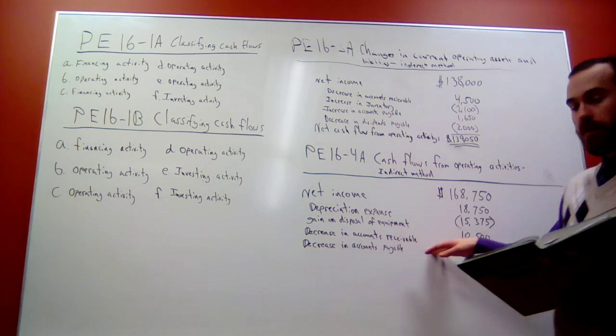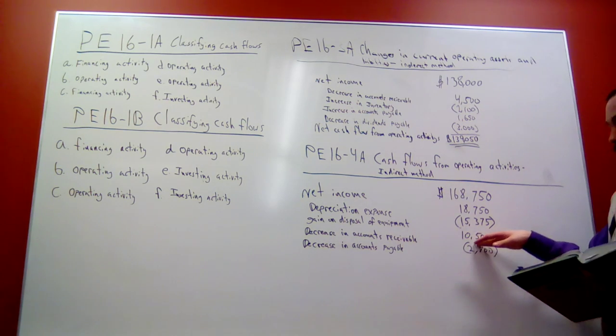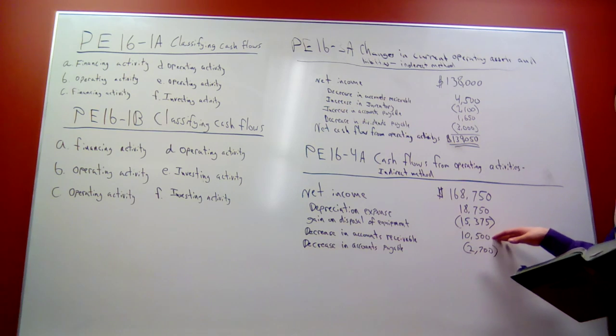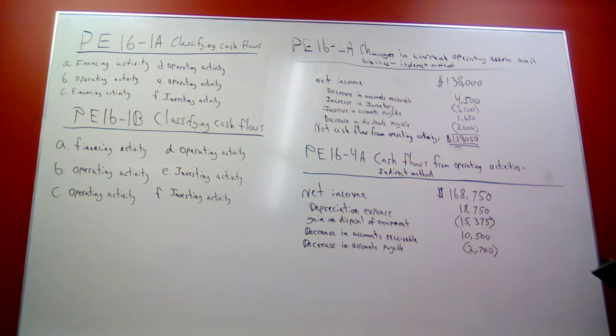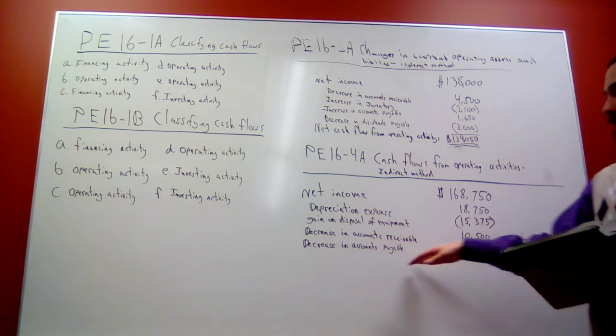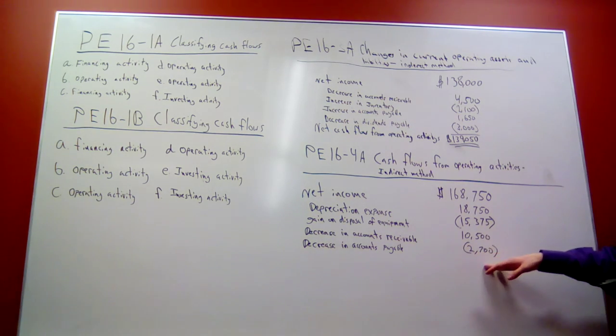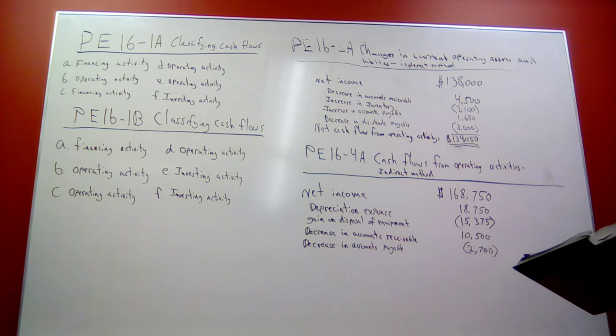And then a decrease in accounts receivable, which means an increase of 10,500, because customers are paying on their accounts, we're getting cash back. And then a decrease in accounts payable of 2,700 means we lost money.